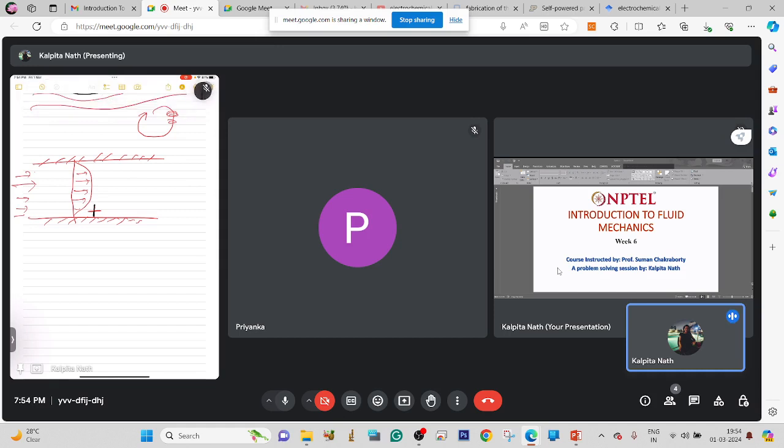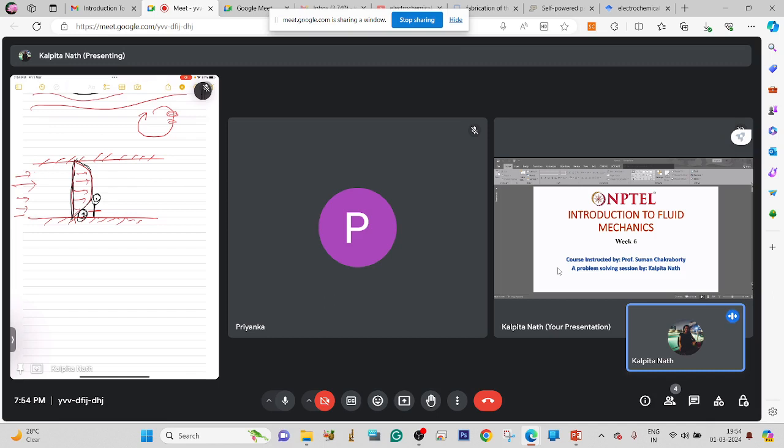I have placed one tracker here, and I want to see how the tracker is moving about its axis. If this point is 1 and this point is 2, as we can see, the velocity is not uniform in the y direction.